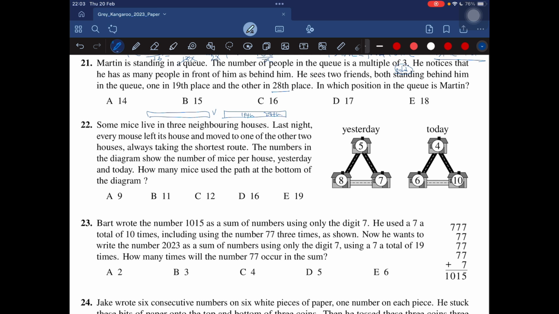So let's say if it is 33, just to check, then the median is 17. So this can be the answer.